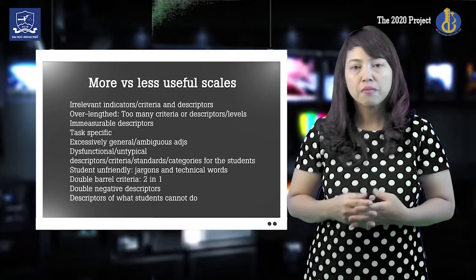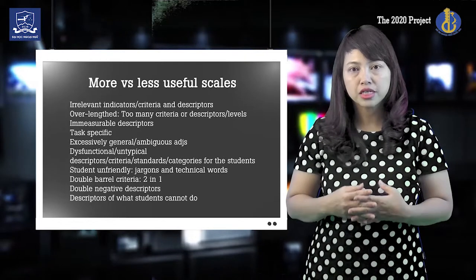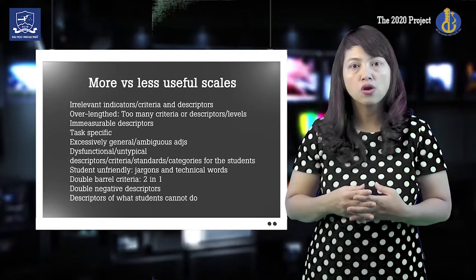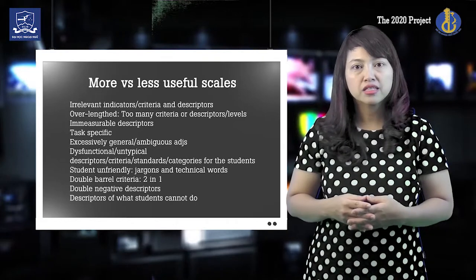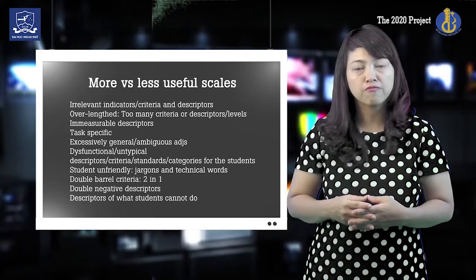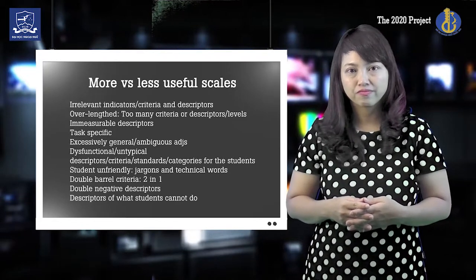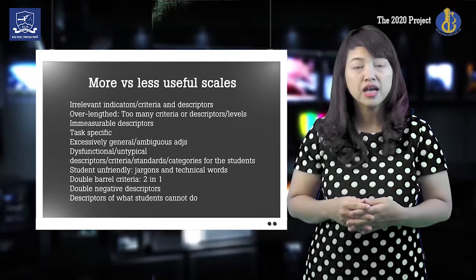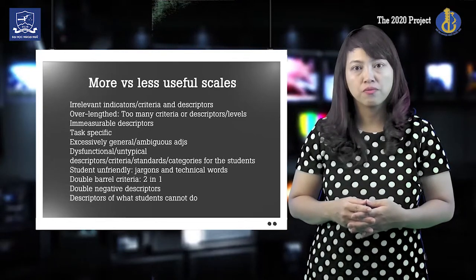Scale designers may also make the mistake of using technical terms such as syntax or social-linguistic functions in the scale, making the scale hard and threatening for students and even teachers to use easily. For classroom assessment, scales should be simple so they can be used by students as well.